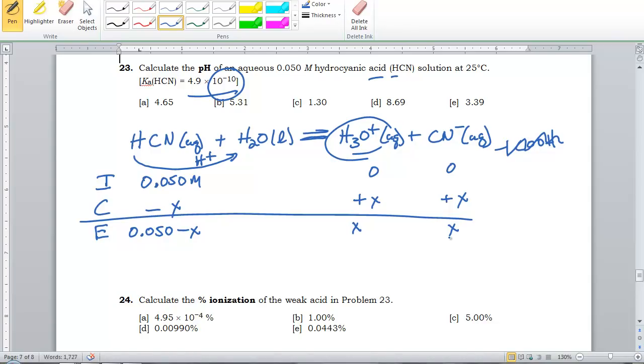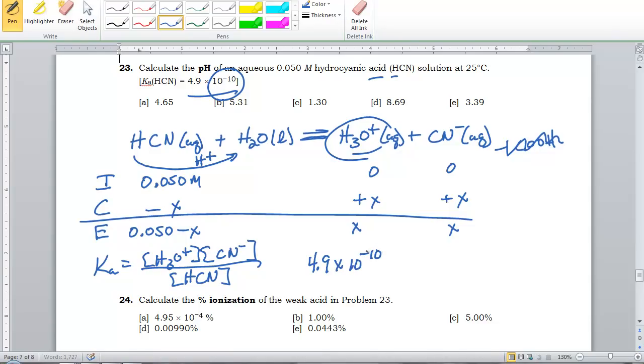Okay. Our Ka value, products over reactants. Again, we do not include pure liquids. Plug in your Ka, and our products are x times x, which is x squared, over 0.05 minus x.